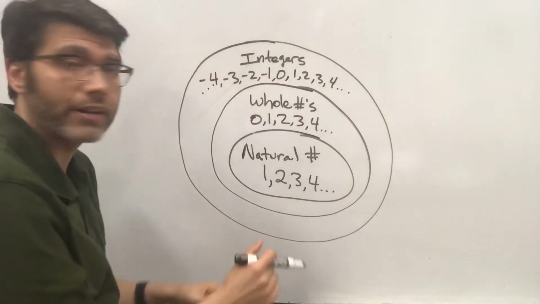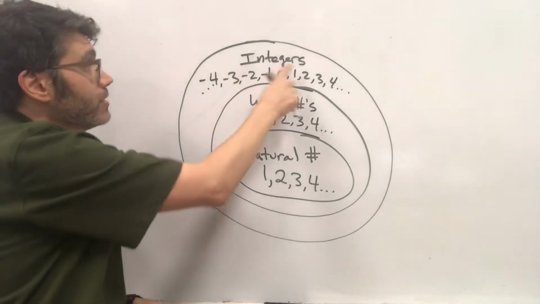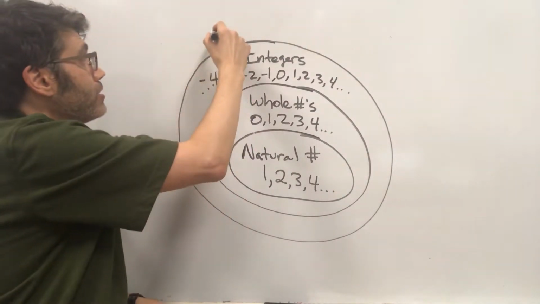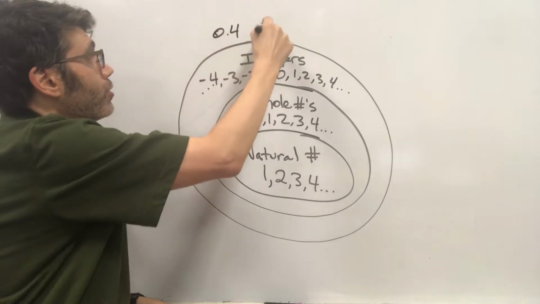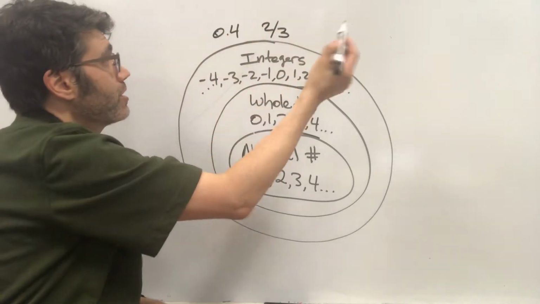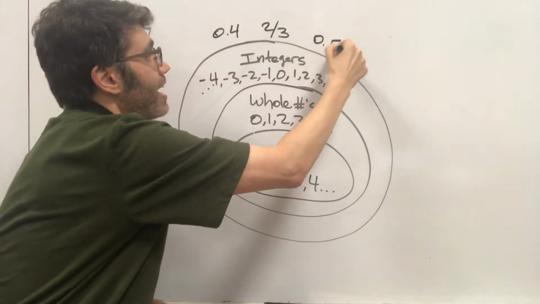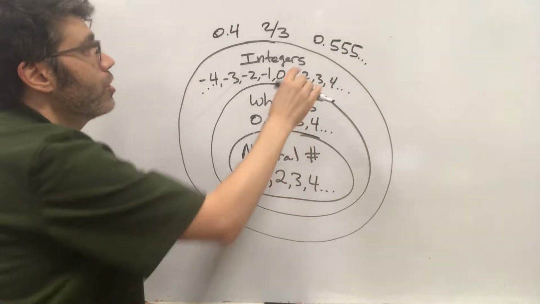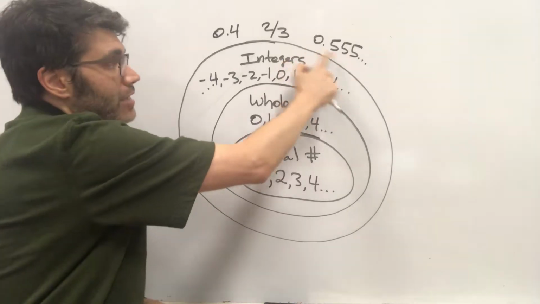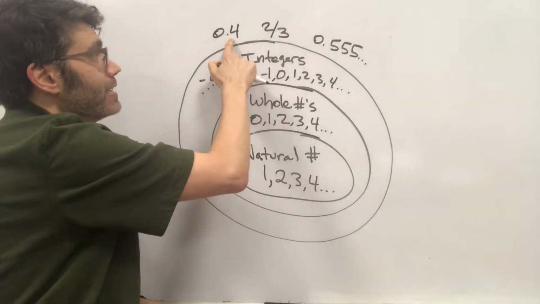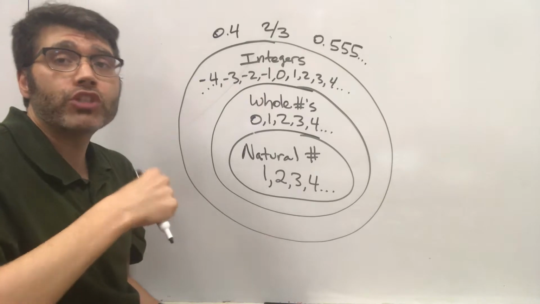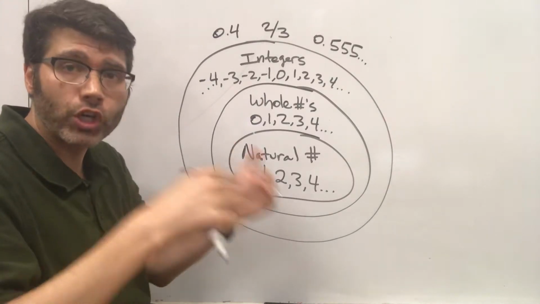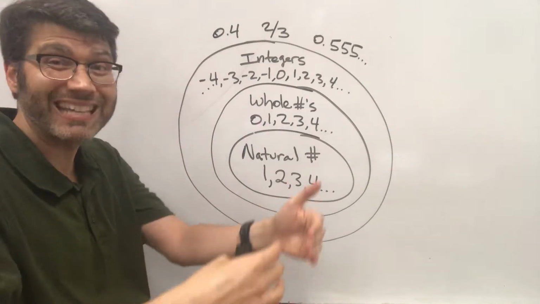Let's broaden it further out. So now, remember, integers are indivisible, so we are not dealing with decimals yet. Now let's deal with some decimals like 0.4 or 2/3 or 0.555 ... meaning repeating. So these repeating decimals, these terminating decimals, for a decimal to terminate means it ends, just like a bus route terminates at the bus terminal, meaning it stops.